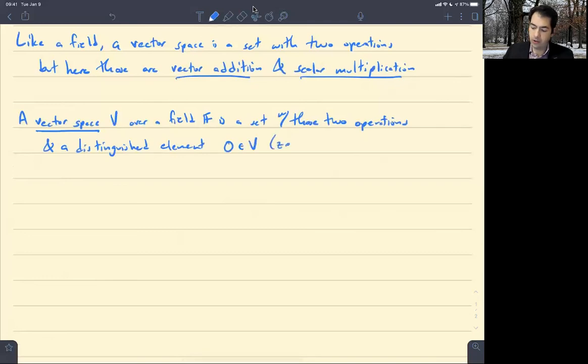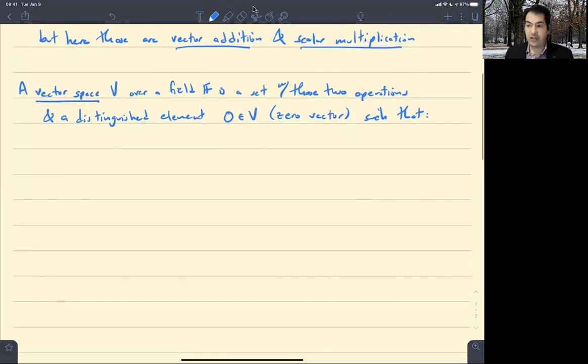So this is known as the 0 vector. Such that, okay, so here are the properties we're going to demand from vector addition and scalar multiplication. So let's start with vector addition.